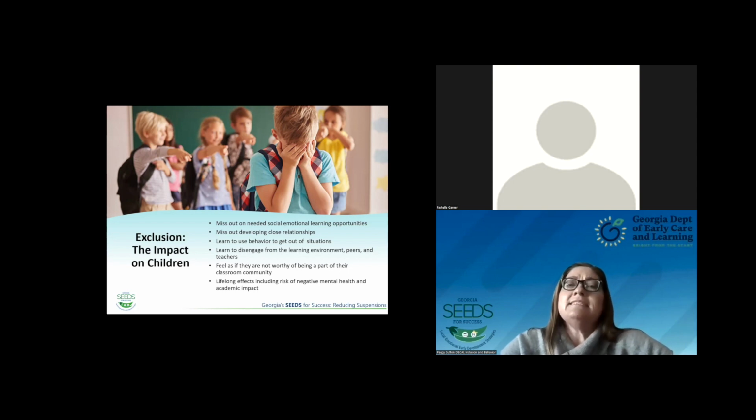They also learn to disengage from the learning environment, disengage from their peers, and disengage from their teachers. Children learn that when they misbehave, that they're not worthy of being a part of that classroom community. So these practices, as you can see, can have lifelong effects on children, which include the increased risk of negative mental health and academic impact.